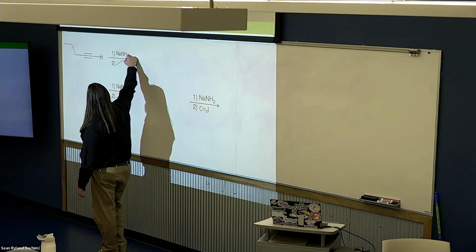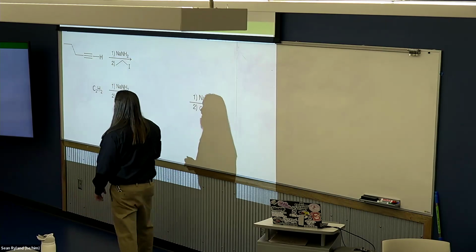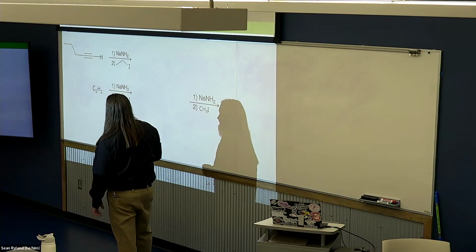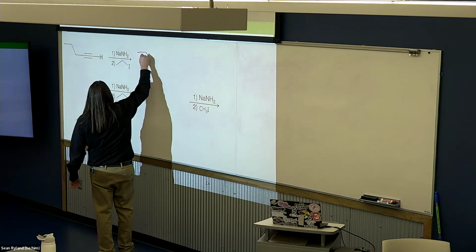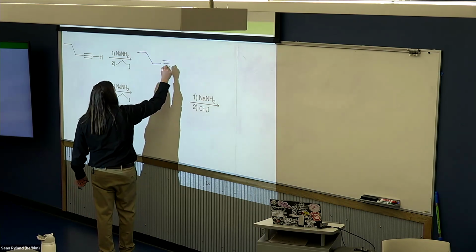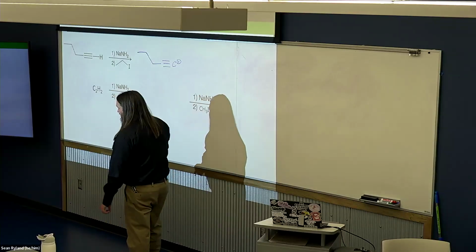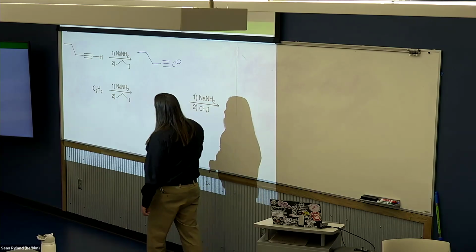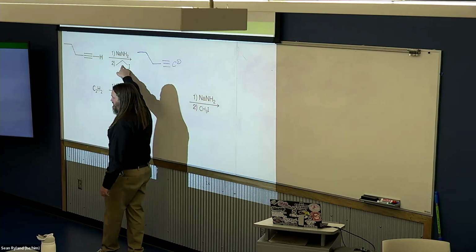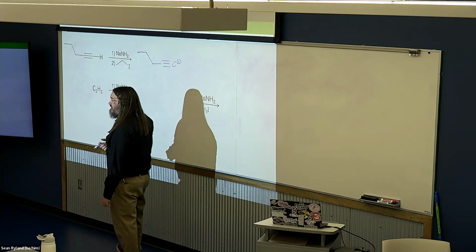Here's our strong base that's going to deprotonate our alkyne to make the alkynide. So we're going to leave this as our intermediate after step 1. Which then, if we expose it to something with a good leaving group, it's a halogen, so it's a good leaving group, right?